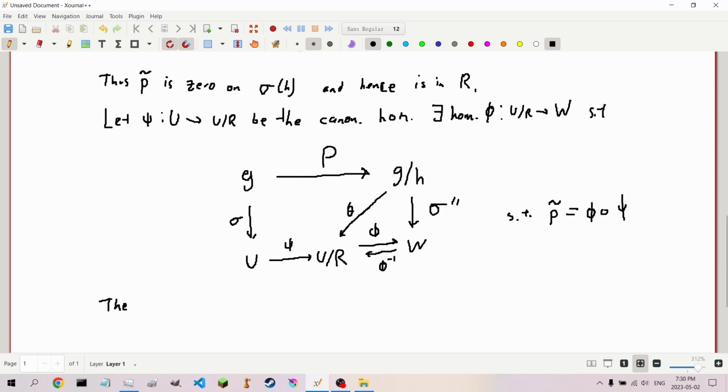Now the mapping. So first you do sigma from G to U, and then U into U, you divide out R. This is an alpha mapping.